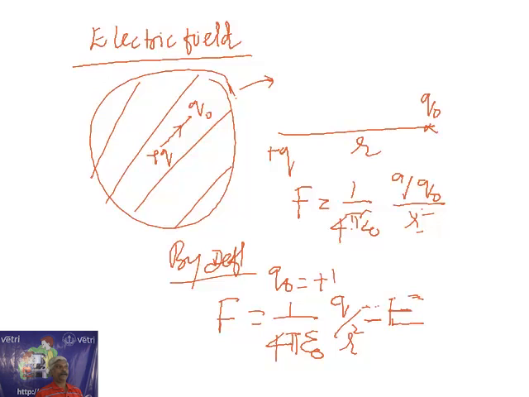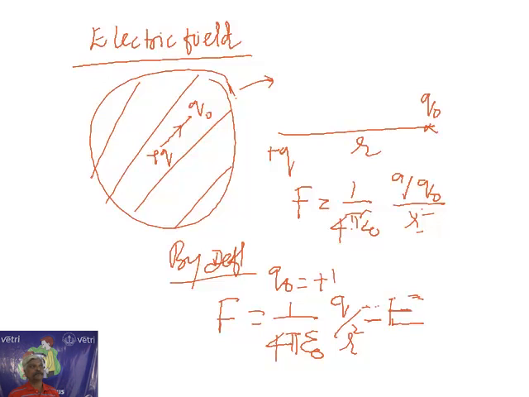How can you keep this in mind? For force, 1 by 4 pi epsilon naught will be there. For electric field also, 1 by 4 pi epsilon naught is there. The difference is that for force there are two charges in the numerator divided by r square. Here there is only one charge in the numerator divided by r square.